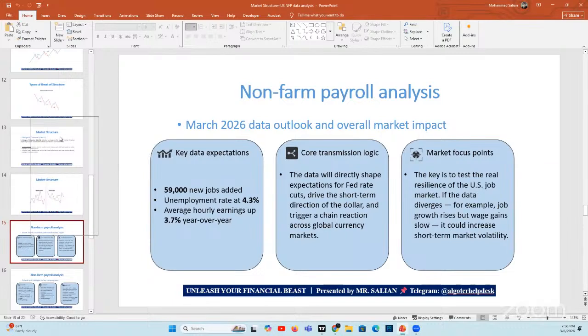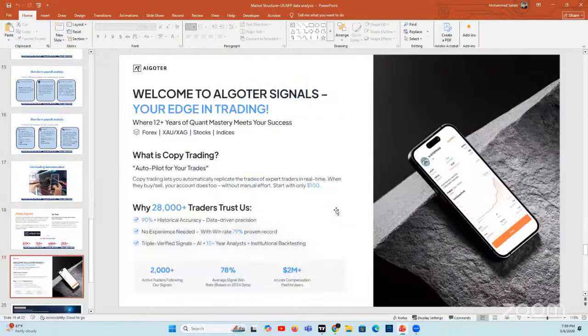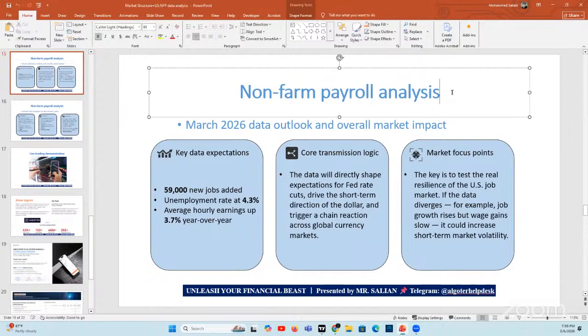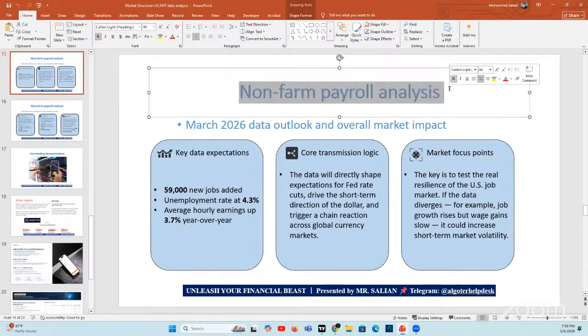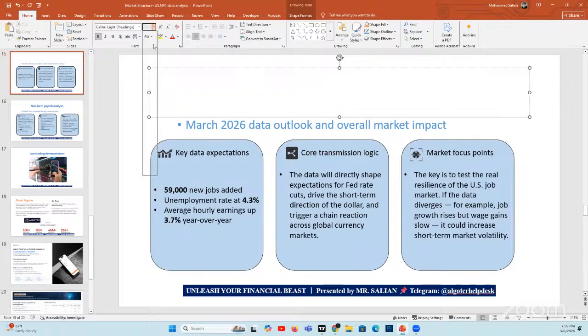Anyone in the manufacturing, construction, services, and retail.